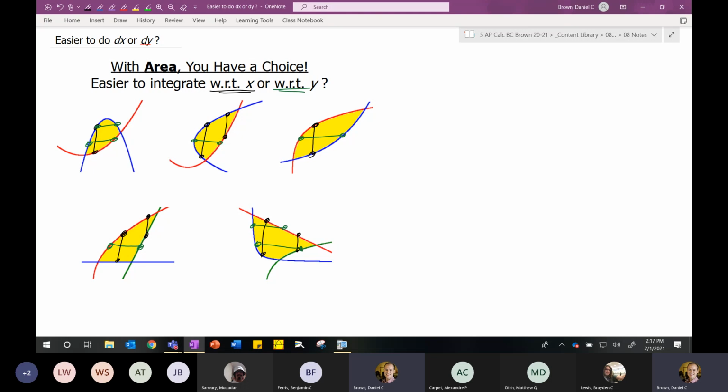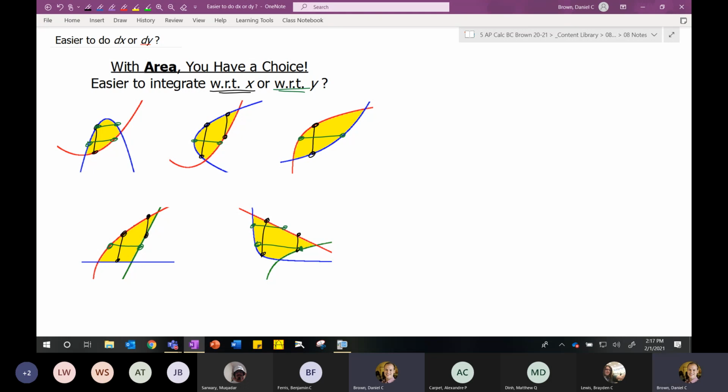In this first one, that black line I drew going up and down would be the top minus the bottom I'm doing in terms of dx. If I was doing it in terms of dy, at one point I'm connecting a blue to the red, and somewhere else I'm connecting one side of the blue to the other side of the blue. So for that first graph, would you prefer to do it in terms of dx or dy?